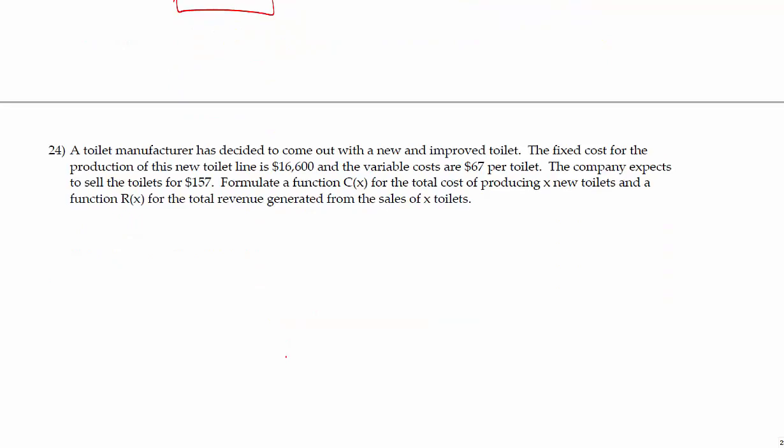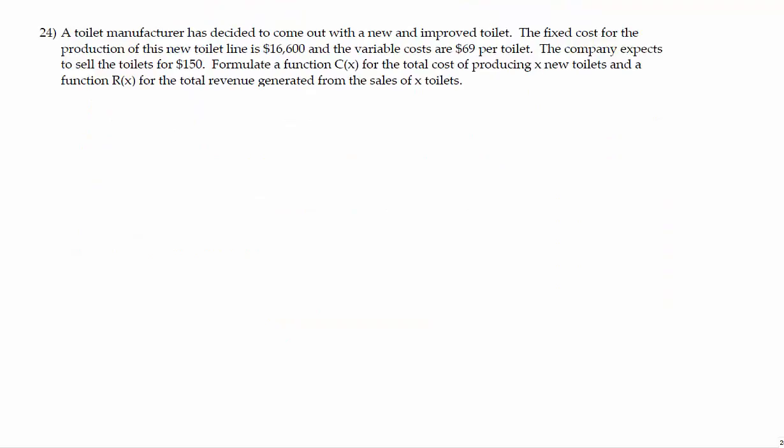Number 24, I'm given some information about manufacturing toilets, and I'm asked to find the total cost of producing X new toilets, and also to write the revenue function. So total cost is going to be the sum of your variable cost and your fixed cost.